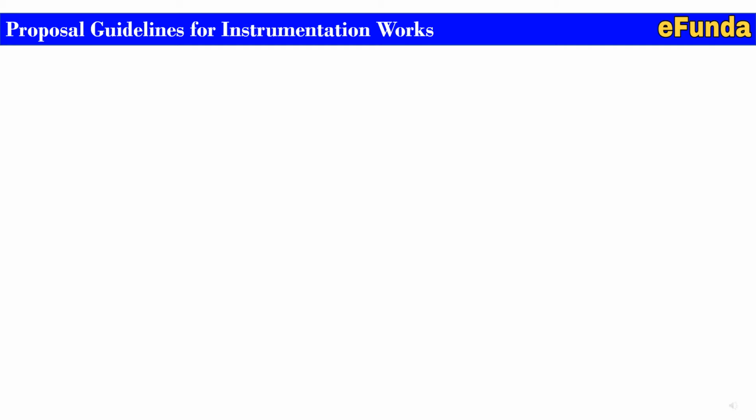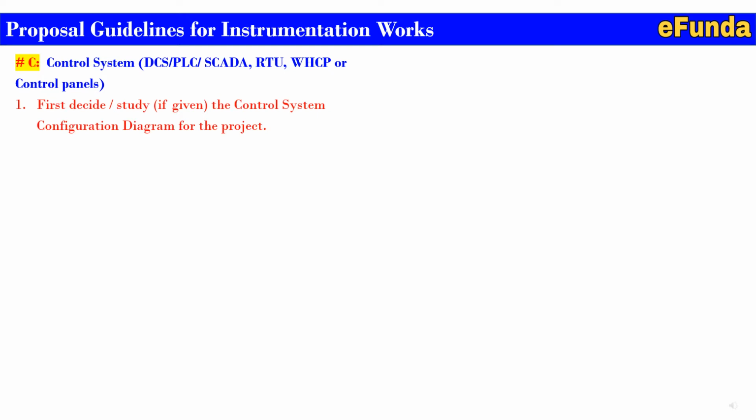Now the next point is C, control system, that is DCS, PLC, SCADA, RTU, welded control panel or any other specific control panels required as part of the bid proposal, based on the instrument and control system indicated in the PNID. First, study the control system configuration diagram if given for the project.